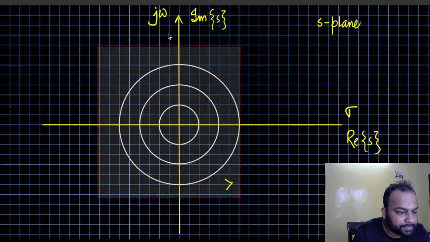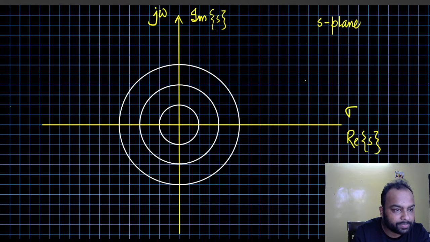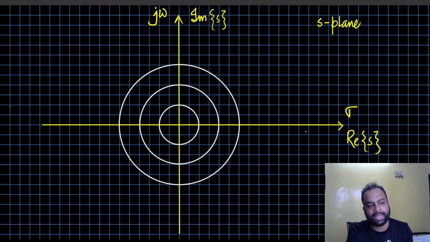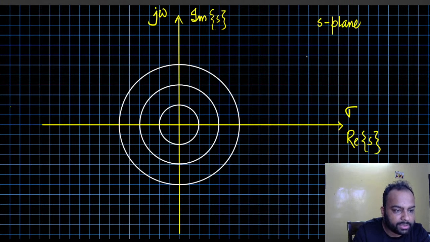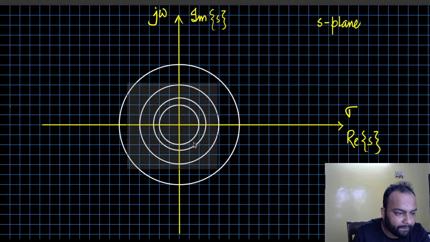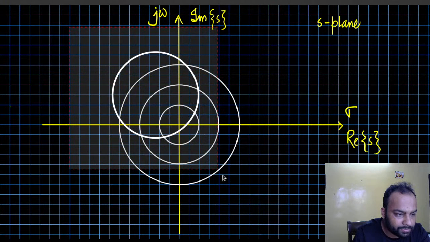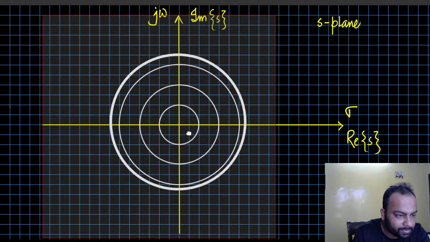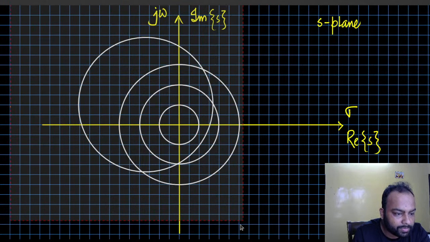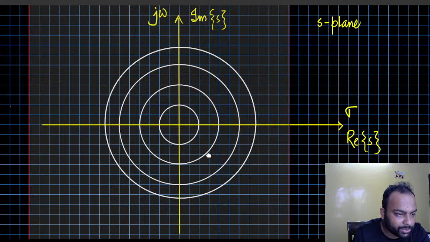That's another circle, denoting points that are the same distance from the origin. Let's draw one more circle. This is going to be the last one, I promise.